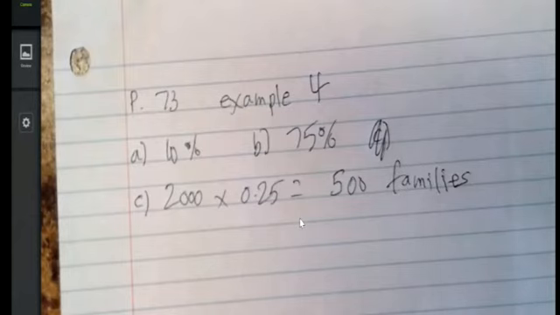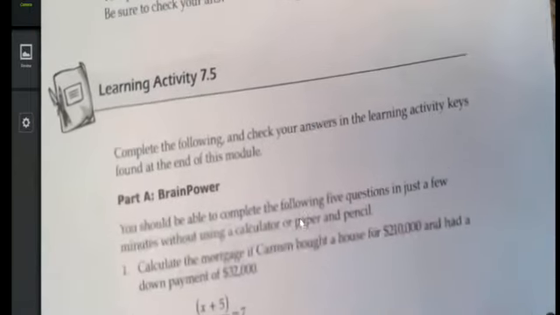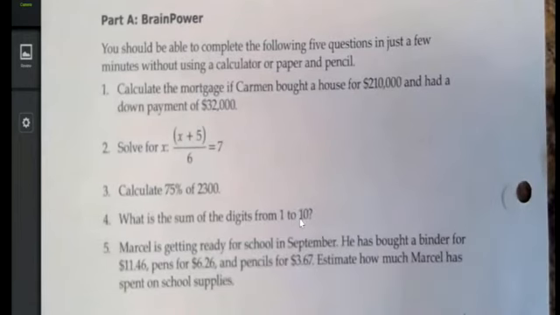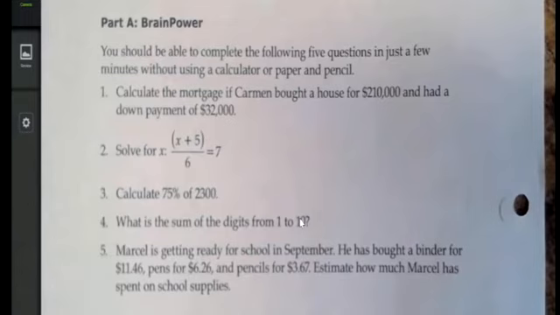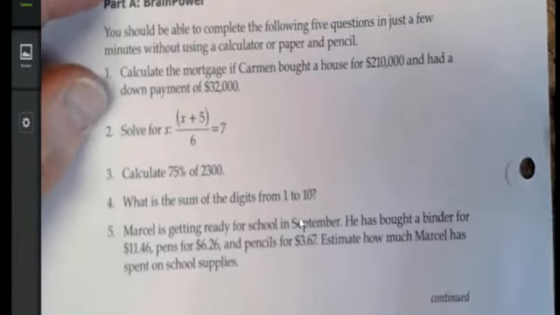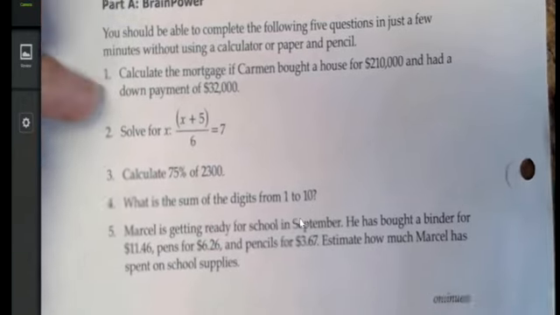We're now going to go to page 76 and have a look at our brain power questions. Let's read them through first. Calculate the mortgage. How much money she'll have to pay off on her house, if Carmen bought a house for $210,000 and had a down payment of $32,000.